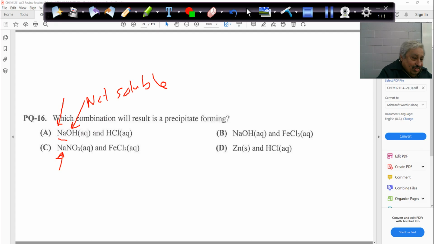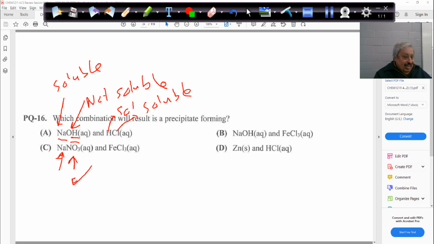This one here is soluble. That's the way you can see. Anything with chloride is soluble, except when it's connected to iron. So hydrogen is soluble. So I have the problem with hydroxide. All the nitrates are soluble. If you mix the double displacement, iron nitrate, that's soluble because nitrate is soluble. Now, zinc and HCl, that's no solubility issue.